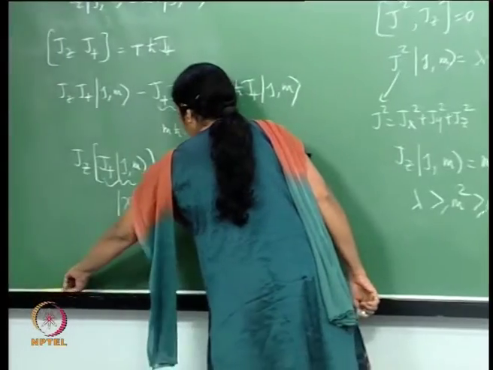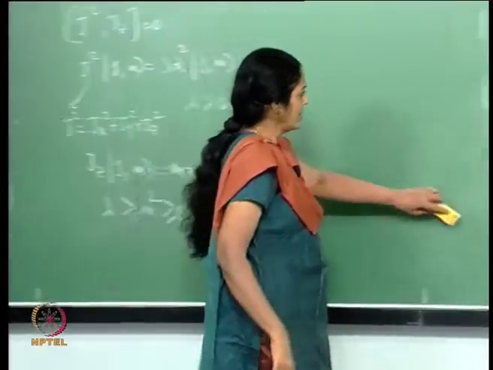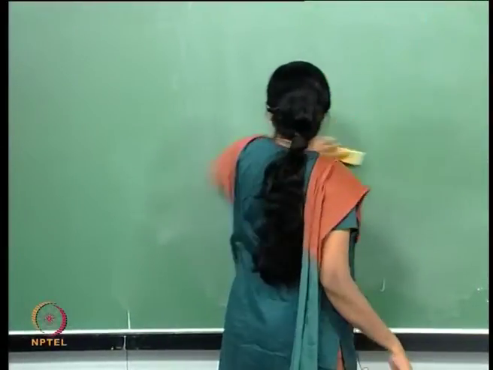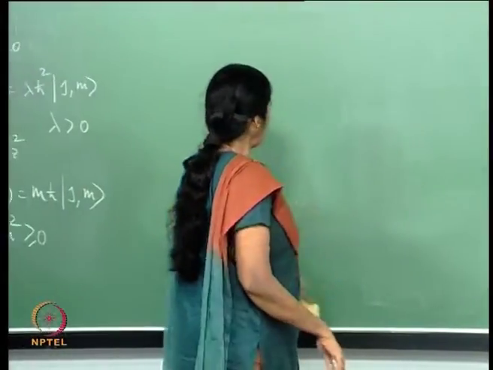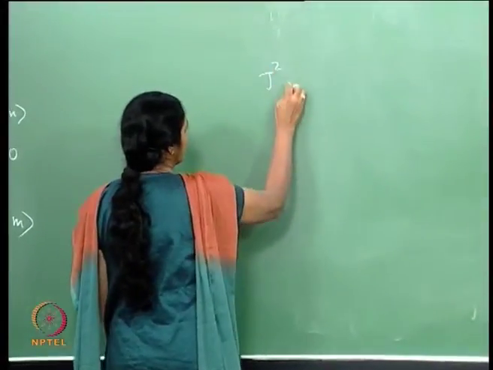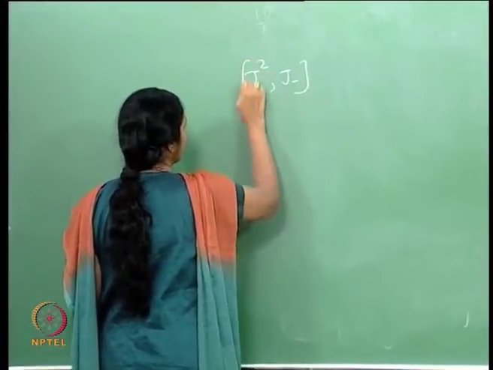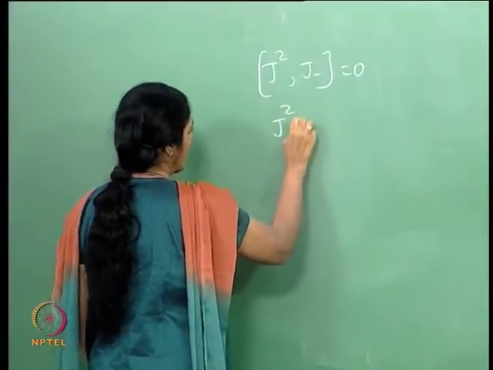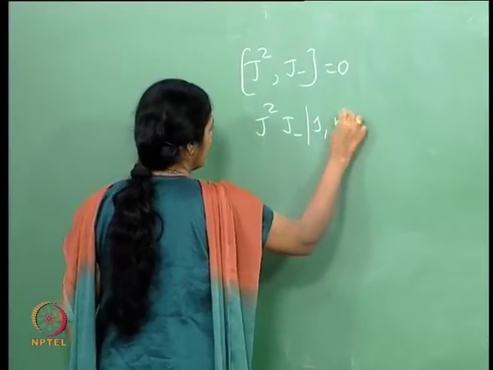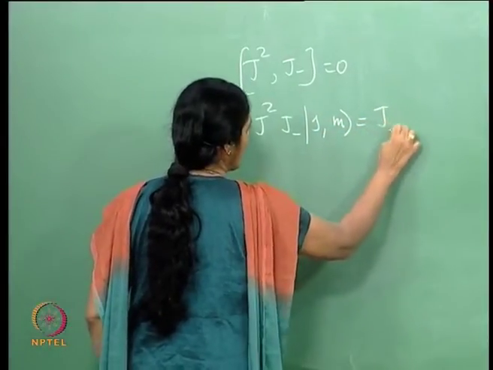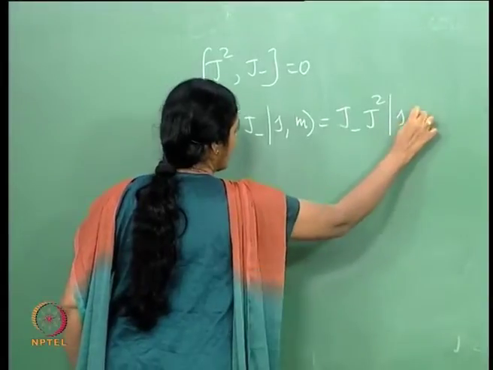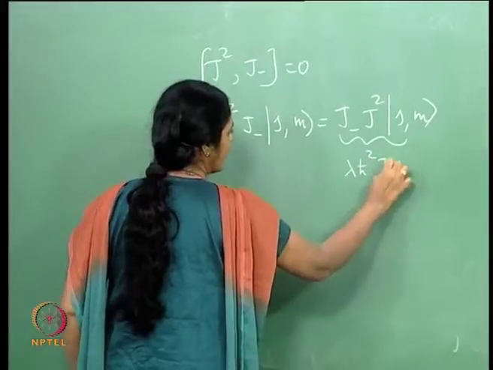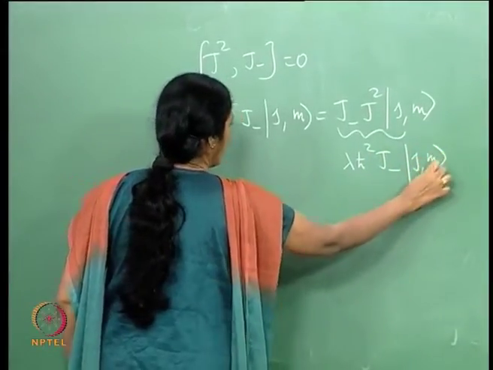Now, let us look at what J minus does to the state |j, m>. I repeat this argument. I start off with the fact that the commutator of J squared and J minus is equal to 0, and therefore J squared J minus |j, m> is equal to J minus J squared |j, m>. But this is simply lambda h cross squared J minus |j, m>.